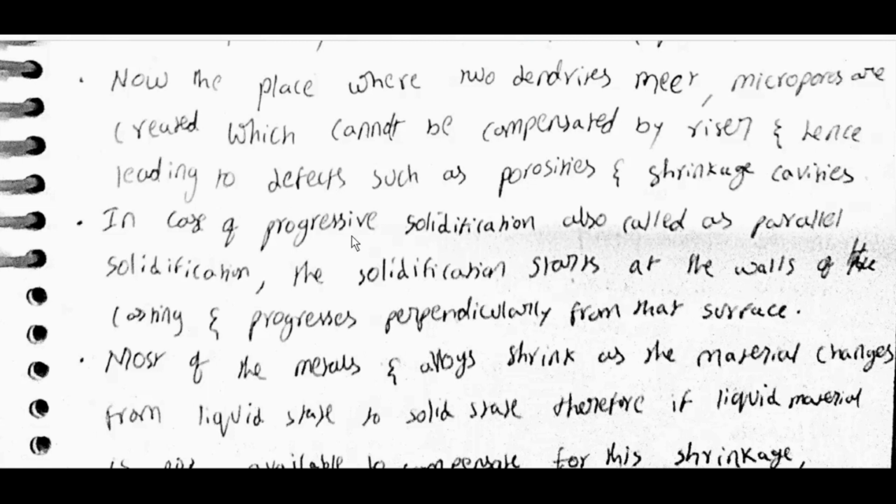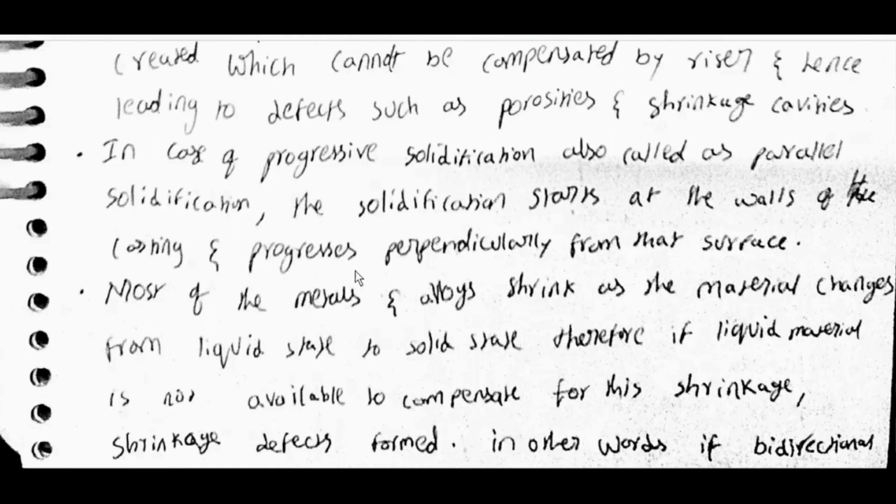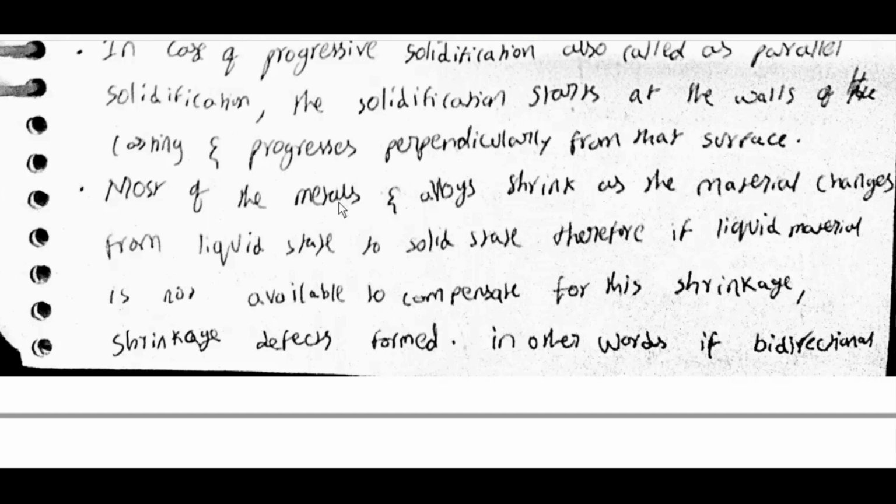In case of progressive solidification, also called as parallel solidification, the solidification starts at walls of casting and progresses perpendicularly from that surface. Most of the metals and alloys shrink as the material changes from liquid state to solid state.